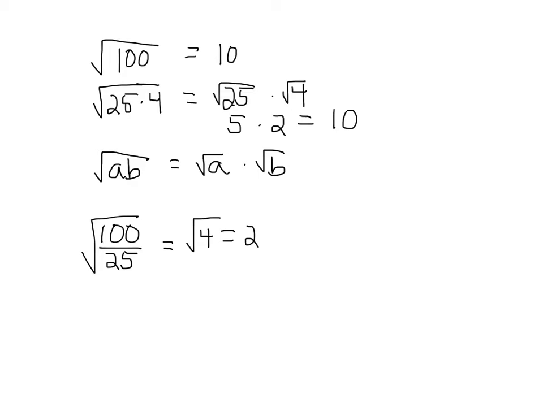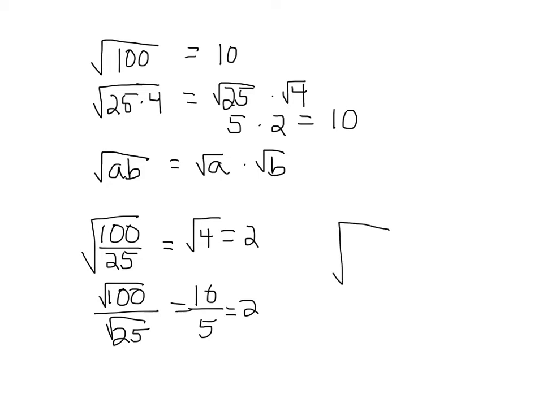The other thing is that I can separate this out to the square root of 100 divided by the square root of 25, and that is 10 divided by 5 is 2. This illustrates the property that the square root of a divided by b is the same as separating them into the square root of a divided by the square root of b.